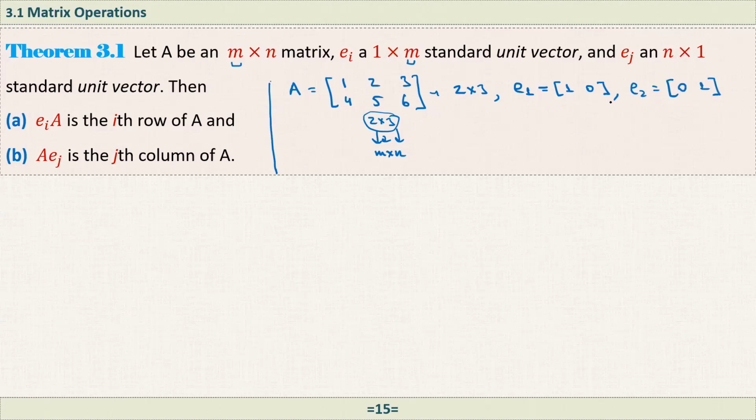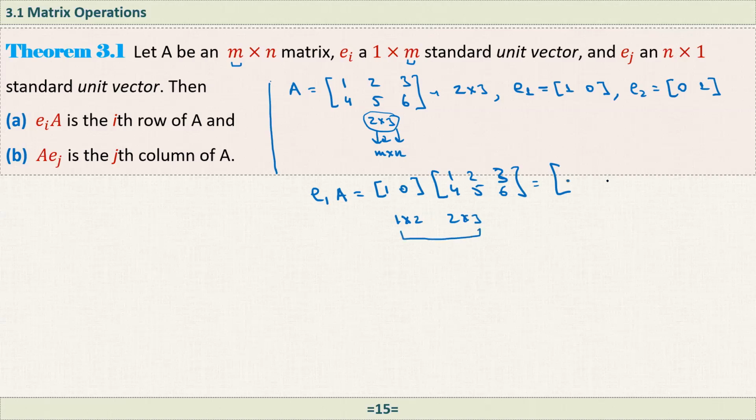So now what happens if I multiply A by E sub 1? E sub 1 is 1, 0, and here we have A, that is 1, 2, 3 in the first row and 4, 5, 6 in the second. We know how to multiply this. This one is 1 by 2, and this one is 2 by 3, so the resulting matrix will be 1 by 3.